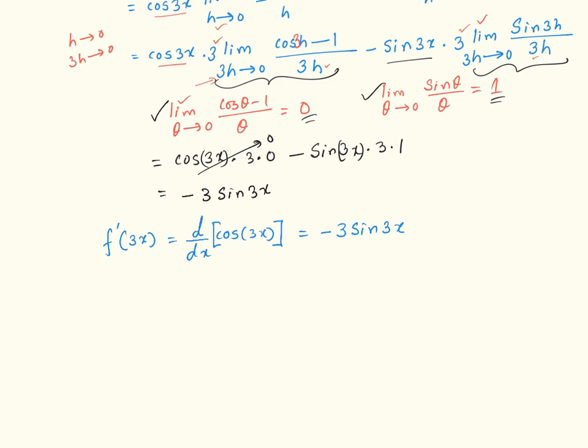Limit theta approaches 0, cosine of theta minus 1 divided by theta is 0. Limit theta approaches 0, sine of theta over theta is 1. These two properties you have to know in order to be able to come up with the derivative. If we just use the definition, simplify things and use these two properties, we come up with the final derivative, which is this.